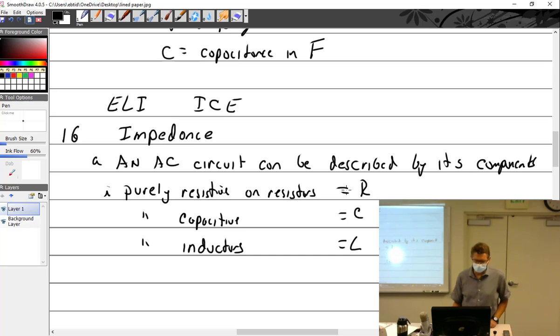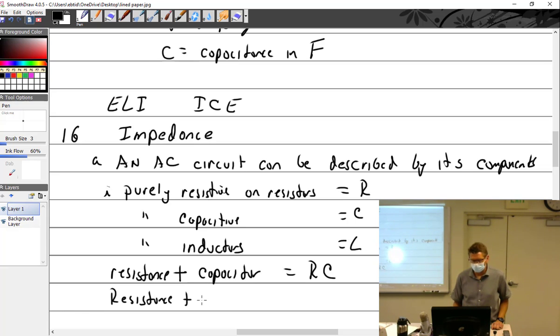But if you start mixing them up, we keep it the same format. We have resistance plus a capacitor, we'd have an RC circuit, or we could have resistance plus inductor plus capacitor.